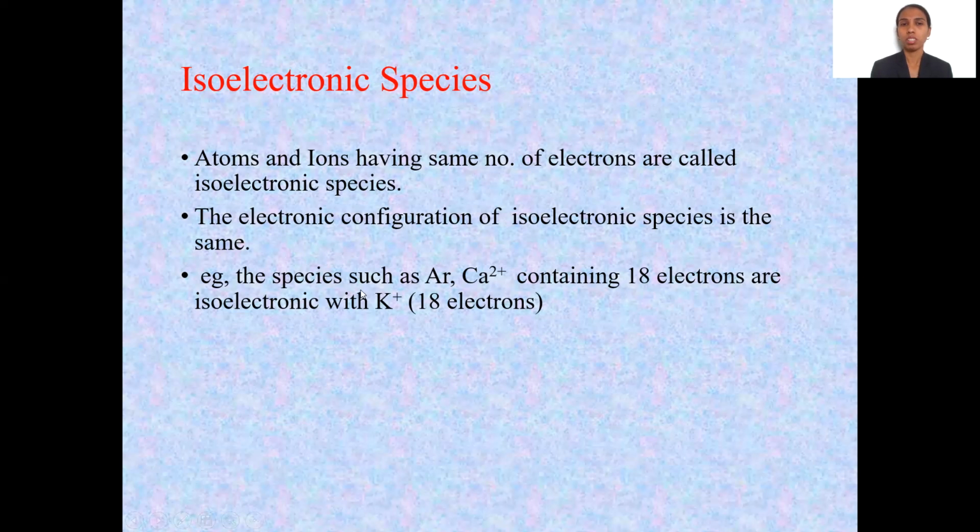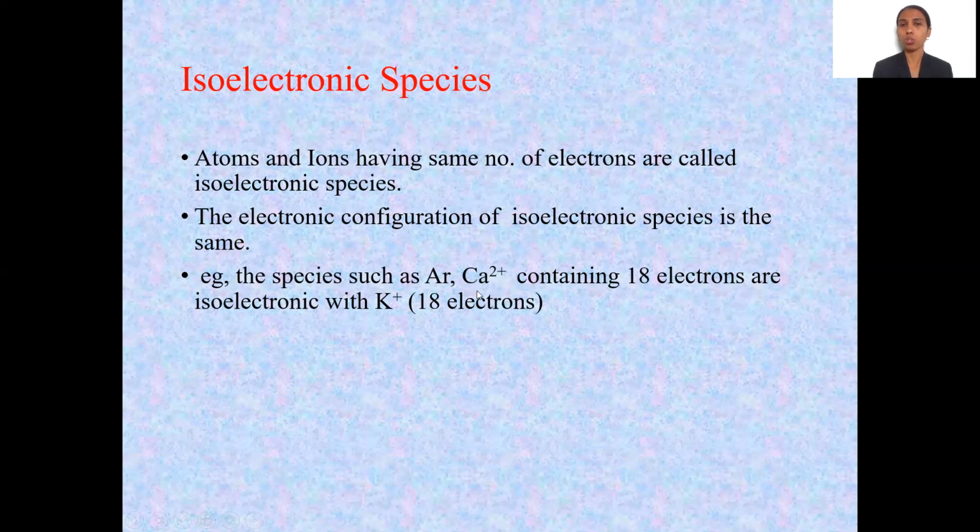For example, the species such as argon and calcium 2+ containing 18 electrons are isoelectronic with K+, which has 18 electrons. Now see here, argon, as we have seen, has atomic number 18. As the atomic number is 18, the number of electrons is 18.